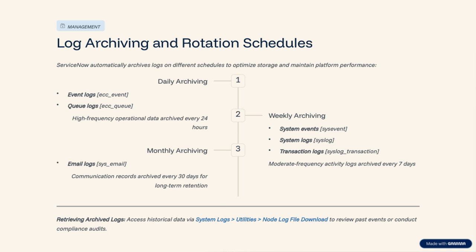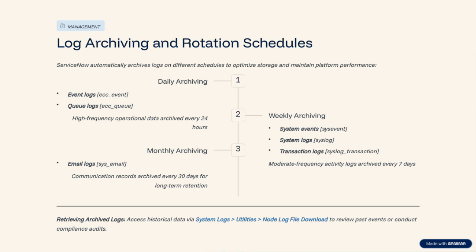We also have different archiving frequencies based on the activity type. Monthly archiving applies to some logs, while moderate frequency activity logs, such as transaction logs, syslog transaction, and system logs, syslog, are archived every 7 days. Similarly, system events, sysevent, are included in this category.